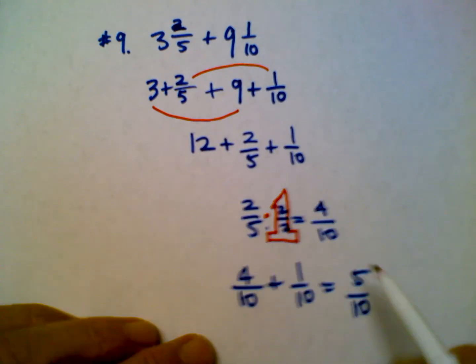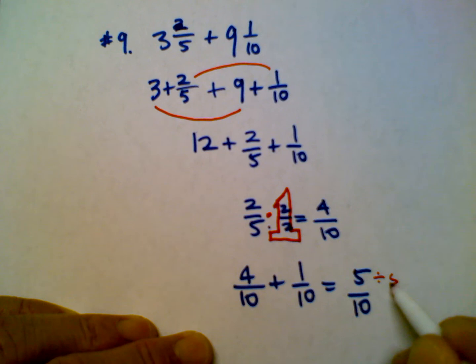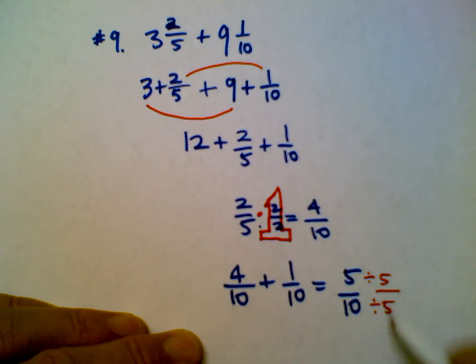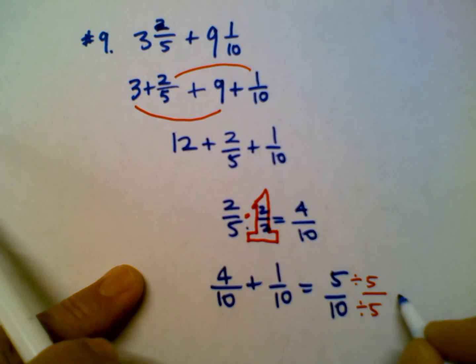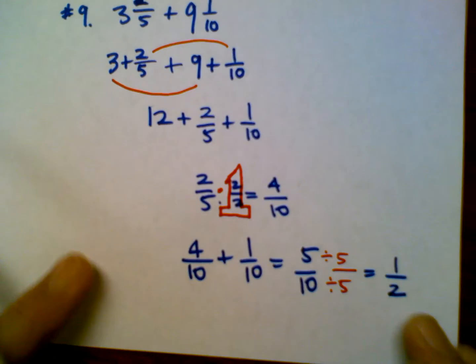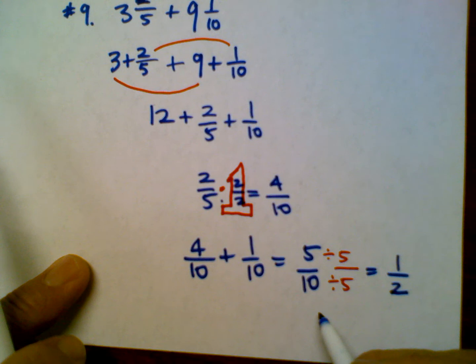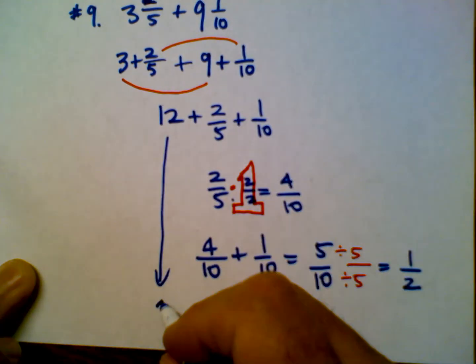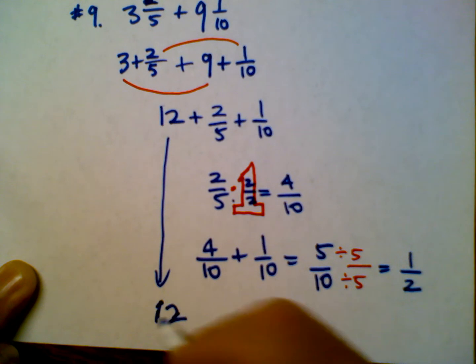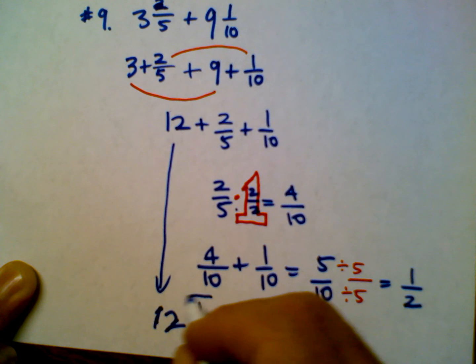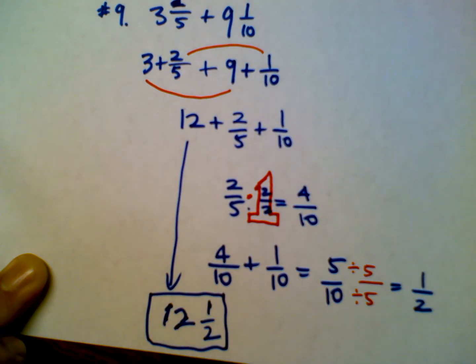I can divide out a giant 1, a common factor. Do you see my giant 1 here, 5 over 5? So I'm dividing out a 1, which only simplifies it, does not reduce it, does not make it smaller. So now I've got 1/2 as that fraction. So my final answer is this 12, the whole number, and the fraction piece, 1/2. 12 and 1/2 is what that final answer becomes.